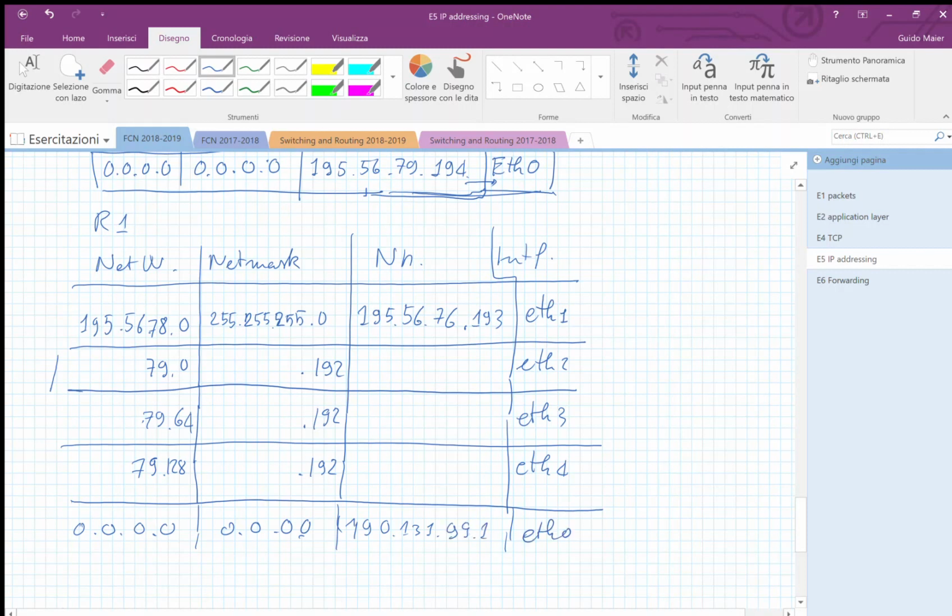Okay. So this is the routing table of router number 1.